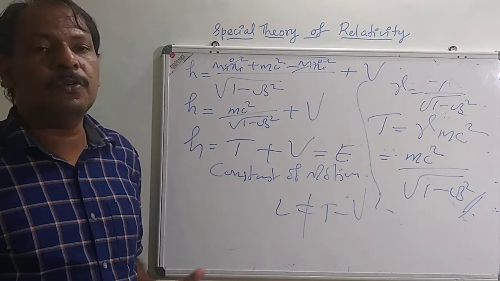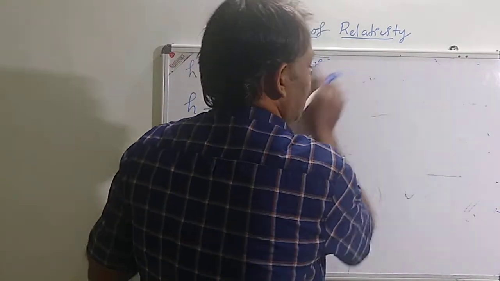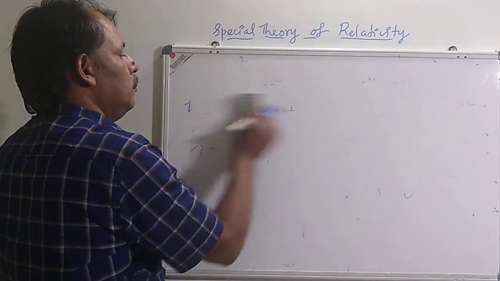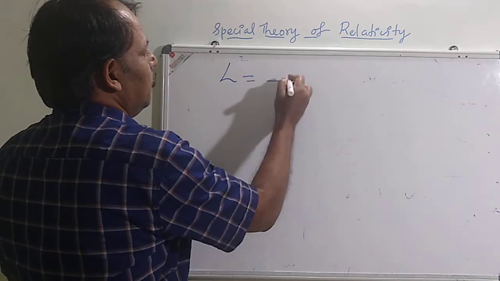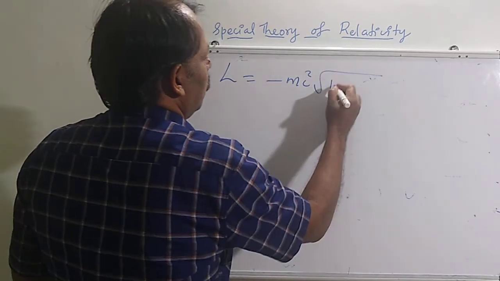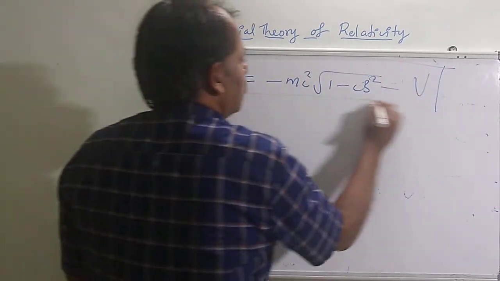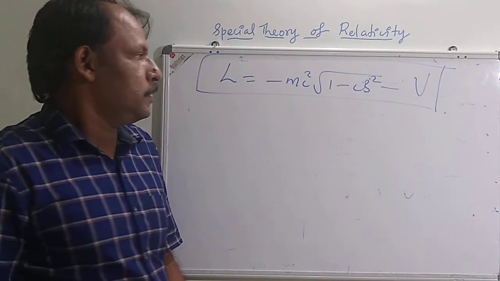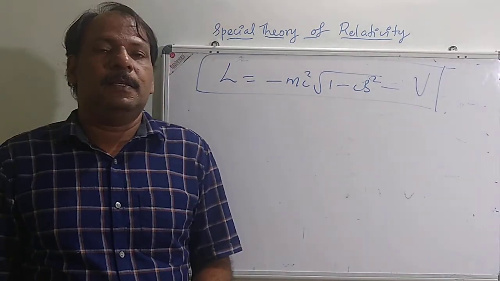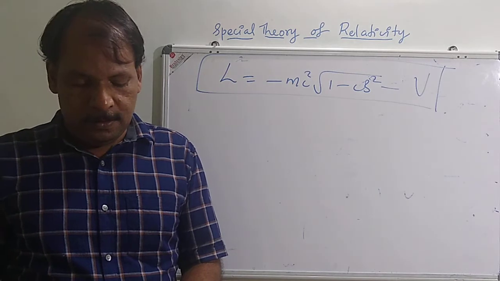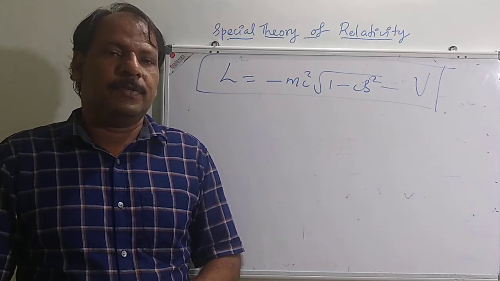So we assume the relativistic Lagrangian as L equal to minus mc square root of 1 minus beta square minus V. This equation represents the form of the relativistic Lagrangian, and in the next class we will discuss the covariant formulation of the relativistic Lagrangian.